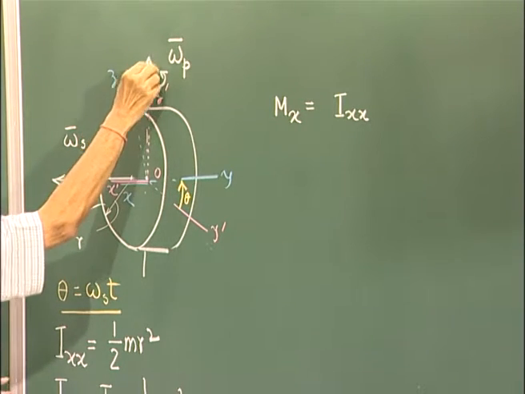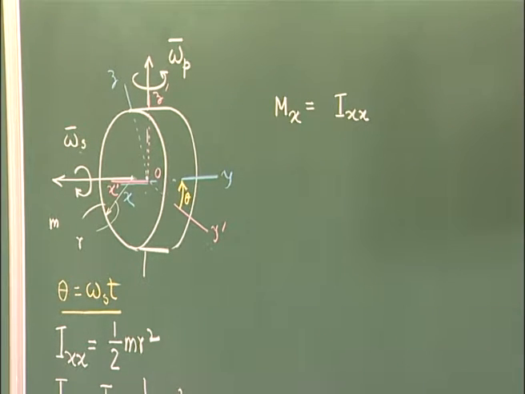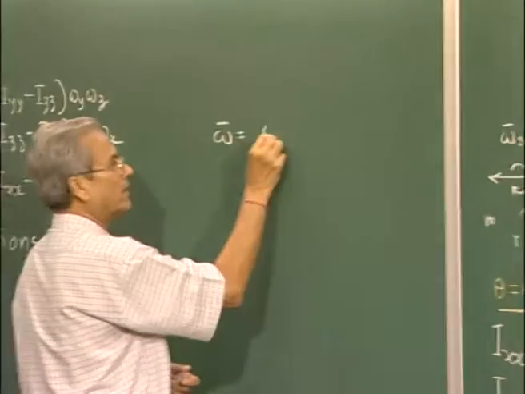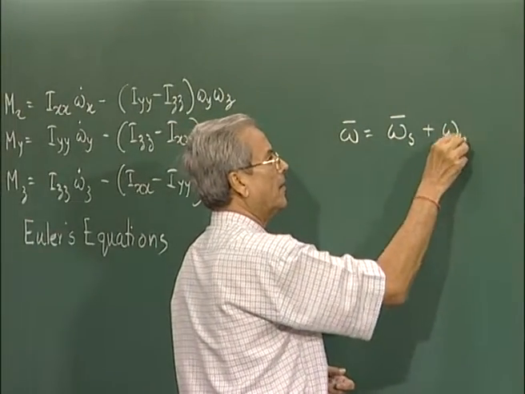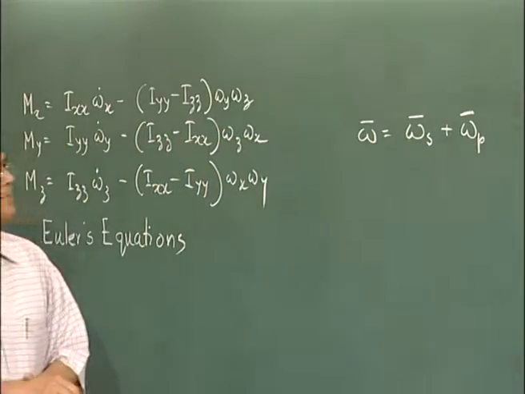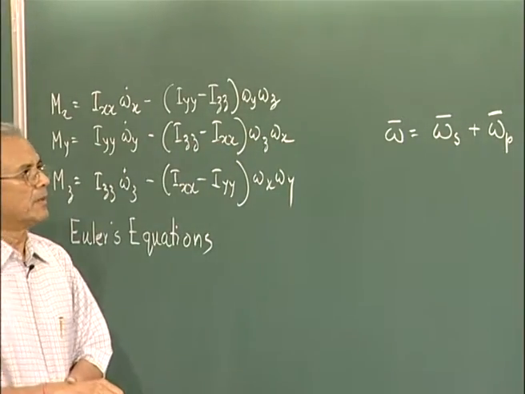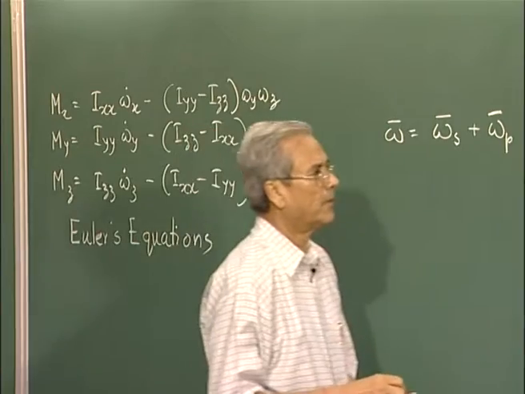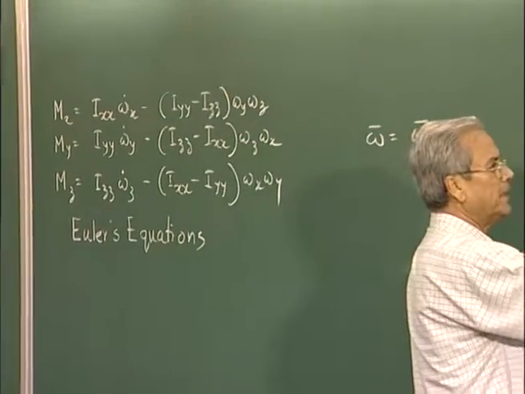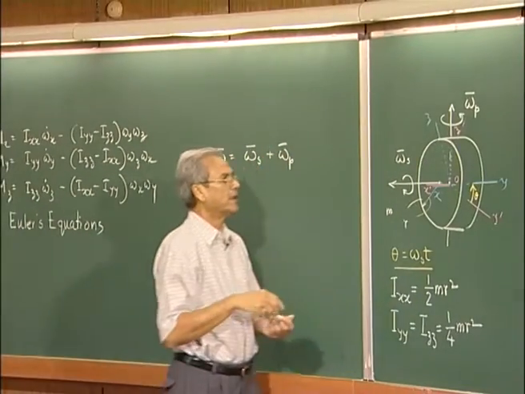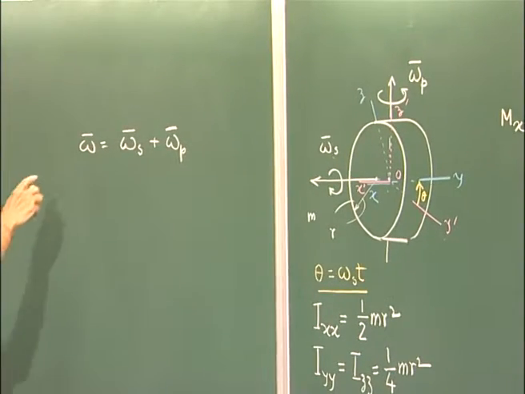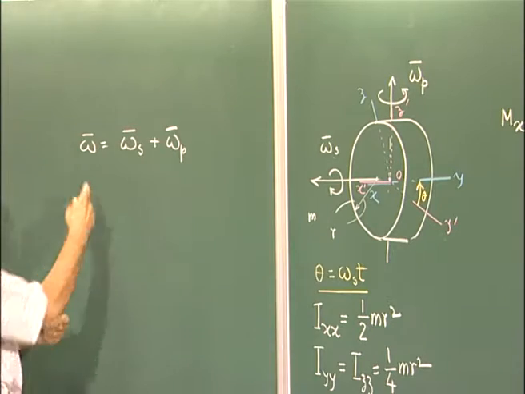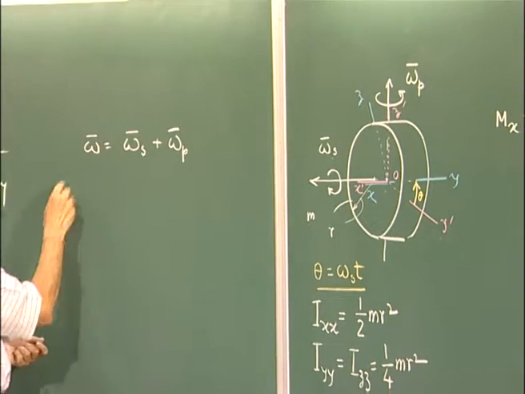So, the resultant angular velocity of the body is nothing but the vector addition of this. If we now consider i, j and k to be unit vectors along the x, y, z axis, then the components we can directly find out.